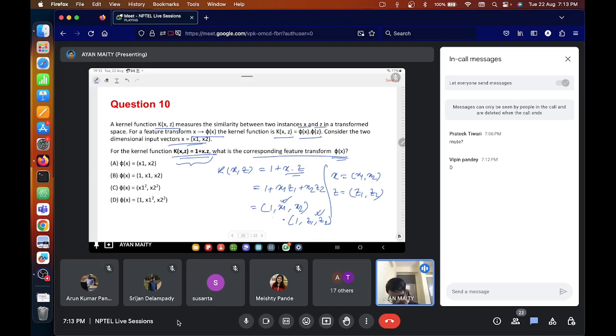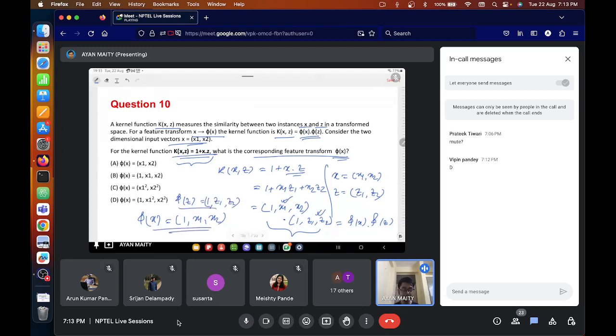So basically this is the transformation: K(x, z) is phi(x) into phi(z). We can write this whole expression as phi of x into phi of z, where phi of x is (1, x1, x2) and phi of z is (1, z1, z2). So this is the phi transformation on x and z.